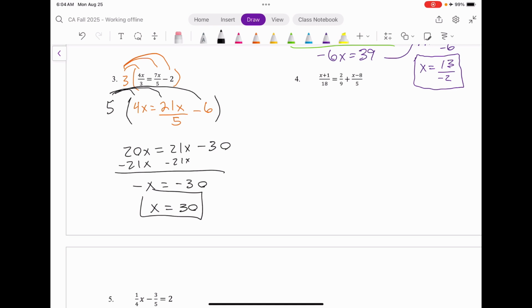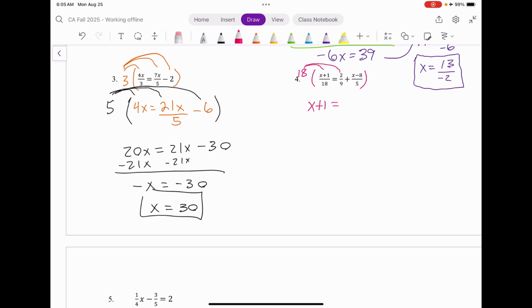All right, I'm looking at number 4, and we have 3 fractions, so we'll start getting rid of them by multiplying by the denominators. If we multiply everything by 18, we'll distribute it and multiply it to the first fraction, so it'll cancel out the 18s, just leaving the numerator.